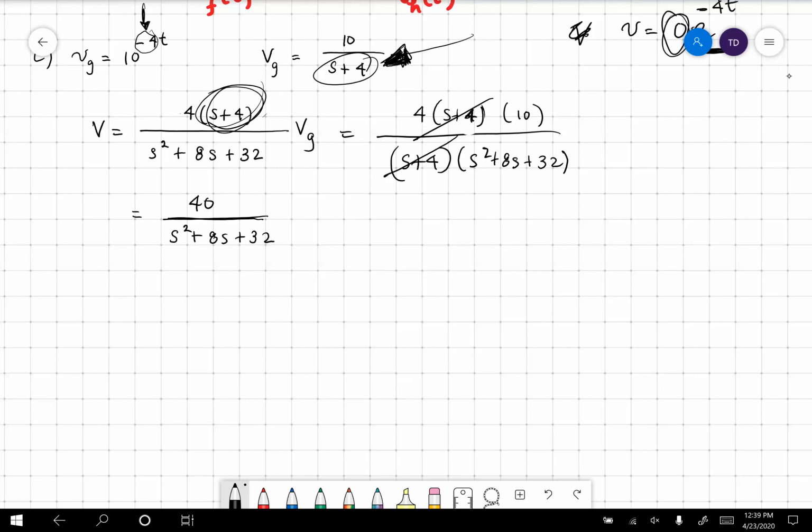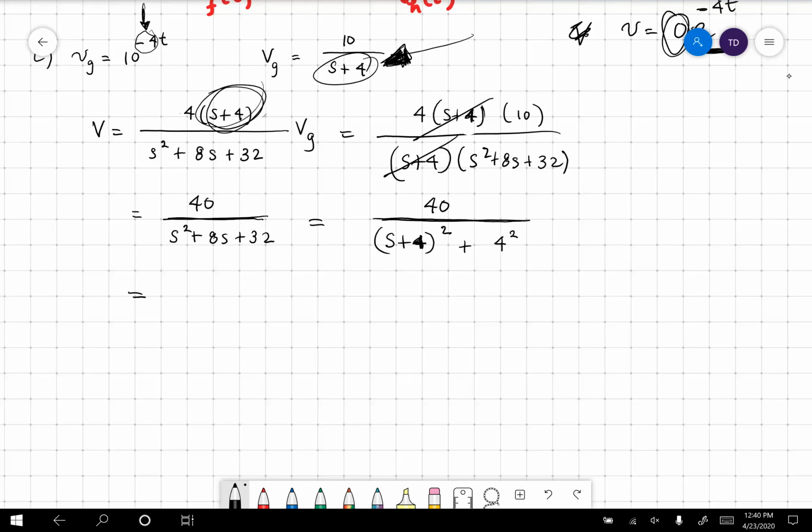That's what it's doing. So all we're left with is this. Rather than doing partial fraction expansion, I'm going to cheat and do it this way because I like this a lot better. So it's 40 divided by (s plus 4) squared plus 4 squared. And all we have to do is make this look like it's in either an s plus 4 form in the numerator and/or a 4 in the numerator.